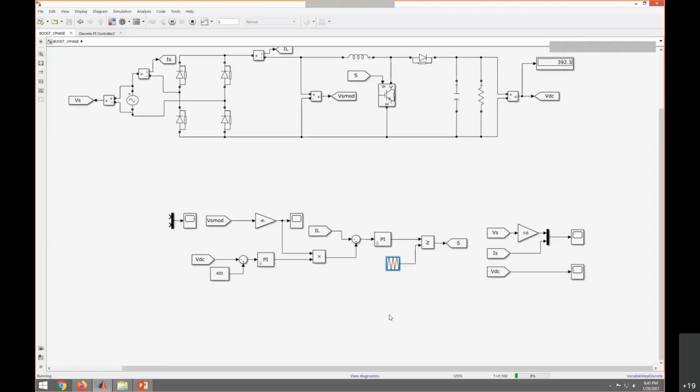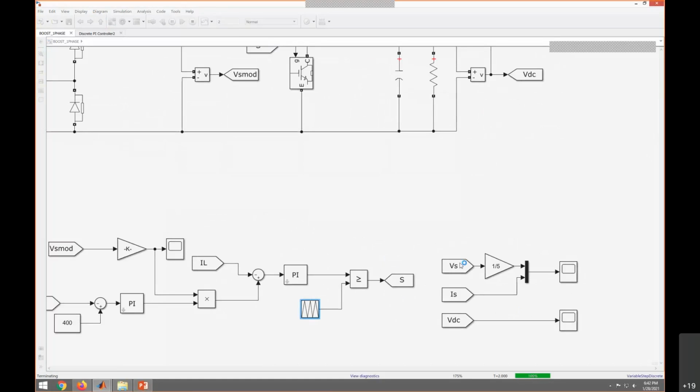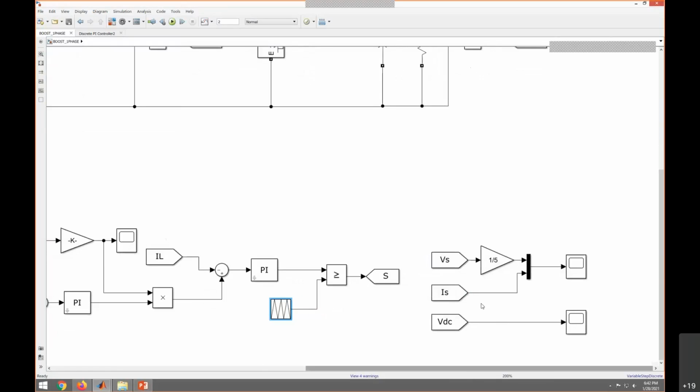Yeah, now it is running. So we have this VSIS so that we can see that both source voltage and source current are in phase.